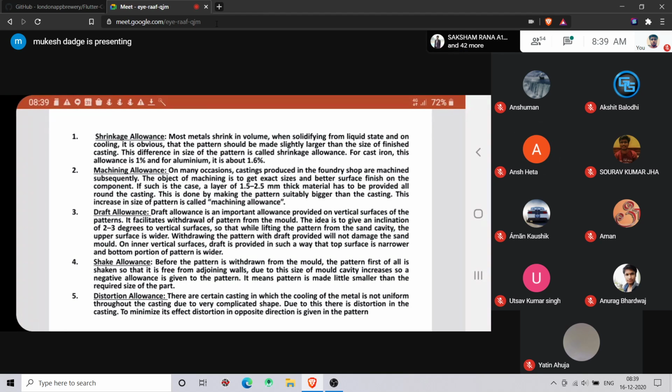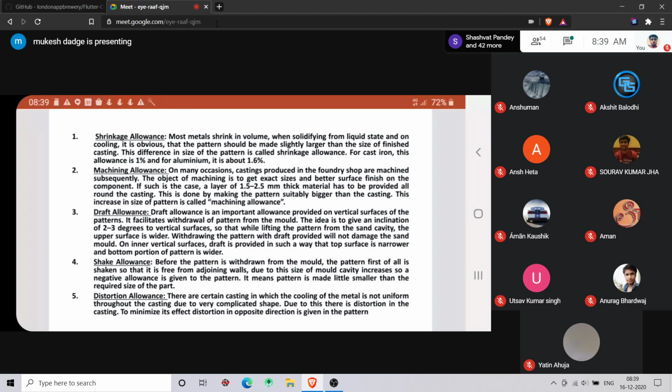Next one is the machining allowance. Machining means after the casting you have to machine it, because the surface finish of the cast product is not good. Why not good? Because it is in contact with the sand. So whatever may be the finishing of your mold is replicated on your casting, so it is not a good surface finish.